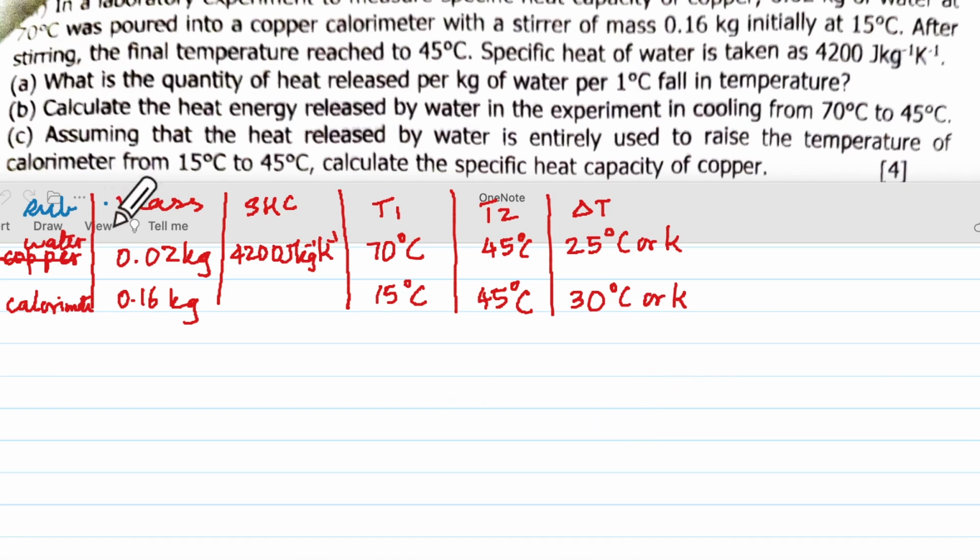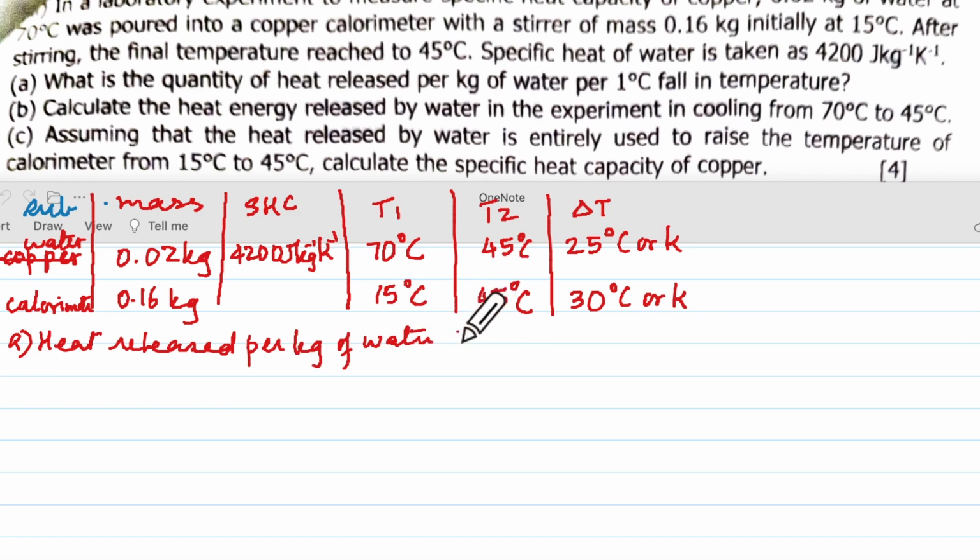Now what is the A part? What is the quantity of heat released per kg of water per 1 degree C fall in temperature?